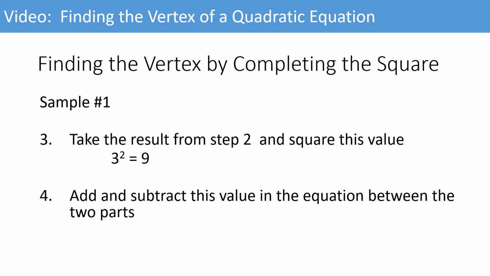Add and subtract this value in the equation between the two parts. The reason you add and subtract is so that you do not change the value of the equation. Plus 9 minus 9 is 0. Nothing has changed in the overall value.